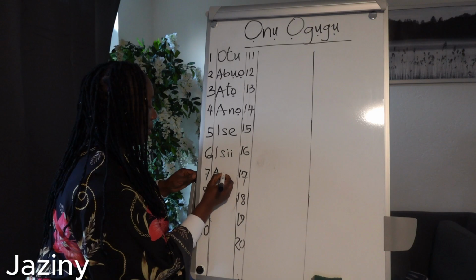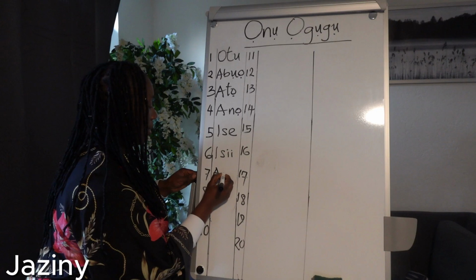Iri is 10. Na is a conjunction joining two words. It simply means and. But we're not going to say 10 and 1, 10 and 2. So we say iri na otu.